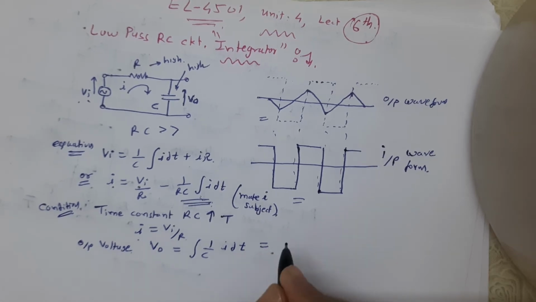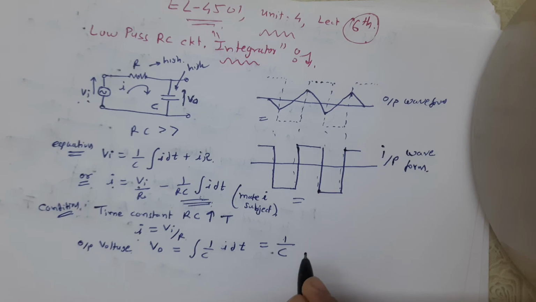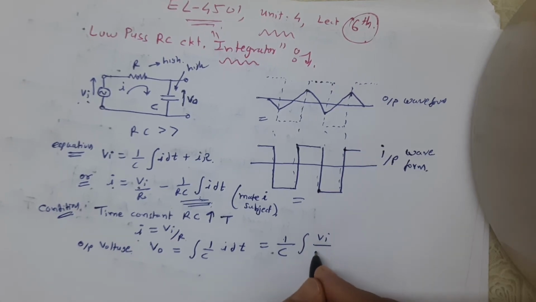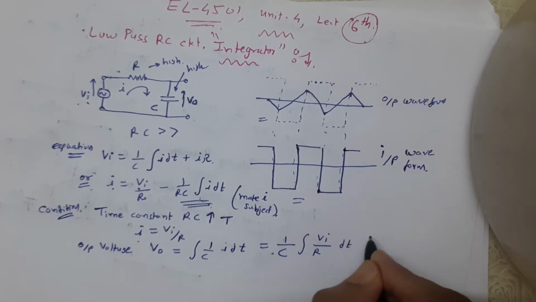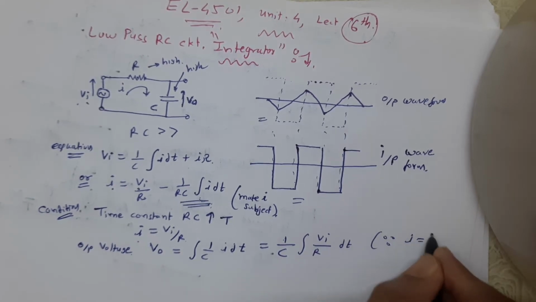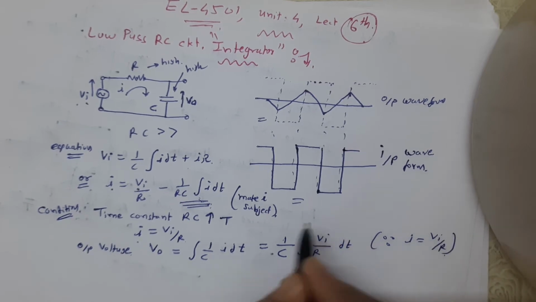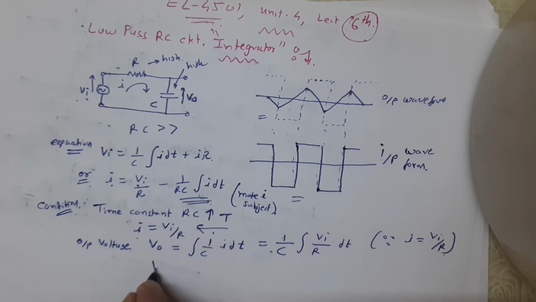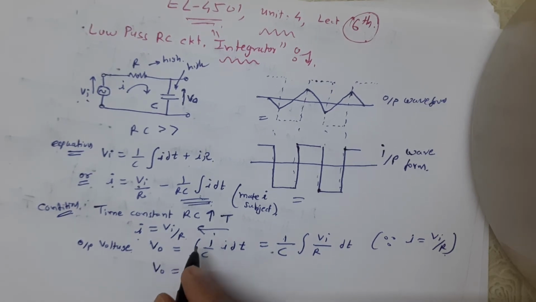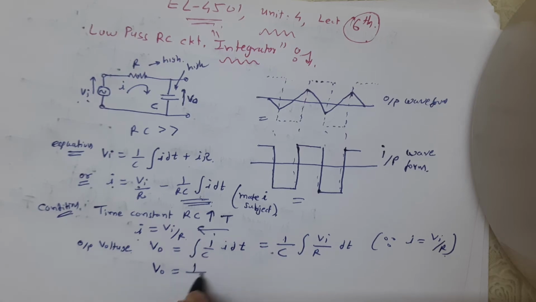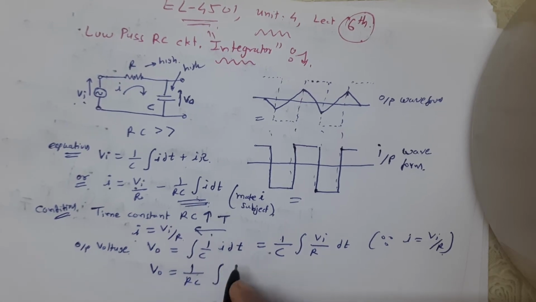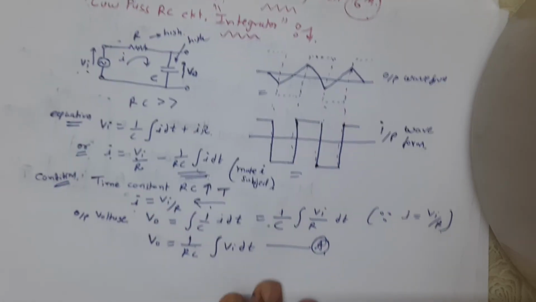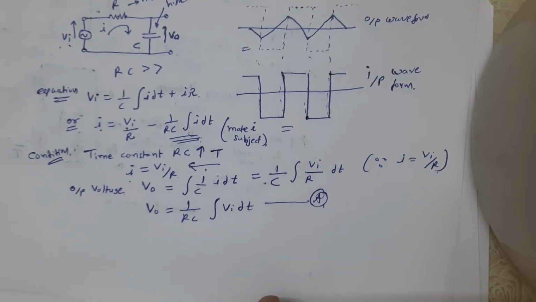Therefore it is equal to 1 upon C integration of Vi upon R dt, because we know that I is equal to Vi upon R. So the final value VO is equal to 1 upon RC integration of Vi dt. This is our final value.